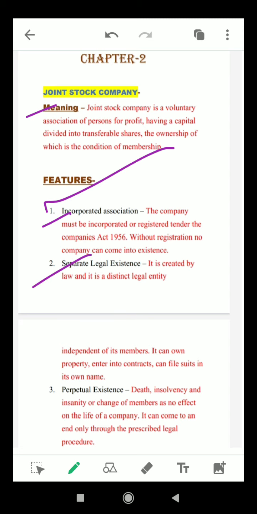Number two is separate legal existence. It is created by law and it is a distinct legal entity, independent of its members. It can own property, enter into contracts, and can file suits in its own name. Then this company is created under law, and it has a separate legal entity apart from its members.